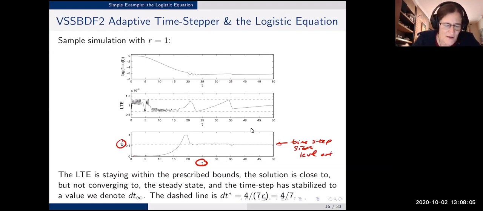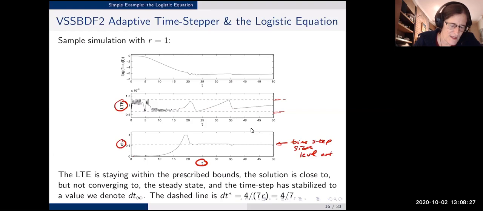Local truncation error, it stays in that Goldilocks zone. At all times, it stays in the Goldilocks zone. It never gets too big, it never gets too small. I can run the simulation for as long as I want, and the local truncation error stays in the Goldilocks zone.